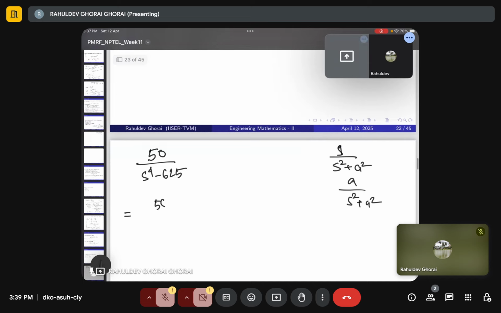So what I can write is s to the power 4 minus 625. What is 625? Is this 25 squared, right? Twenty-five.